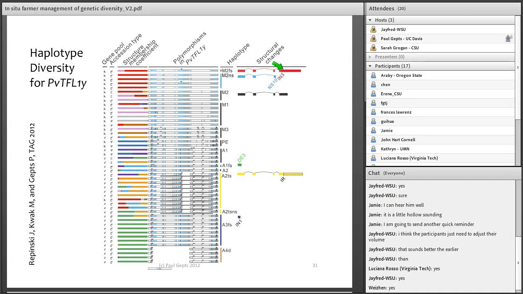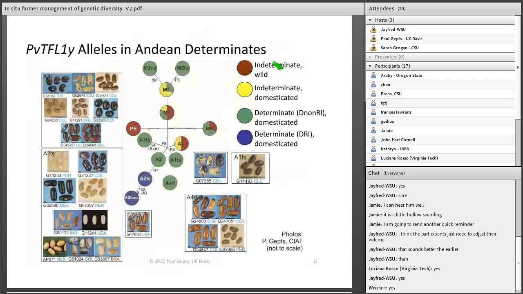In a determinate type, you have a terminal module, actually. So you have internode, leaf, inflorescence, and then you have the terminal module, which has an internode, the leaf, and then a terminal inflorescence.